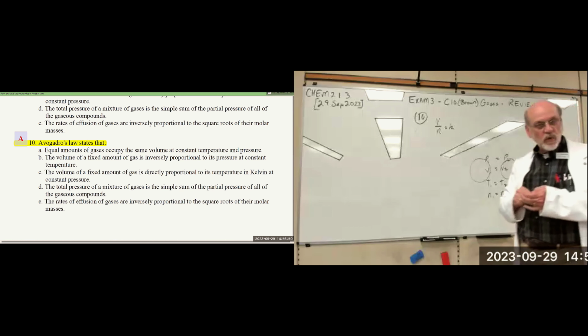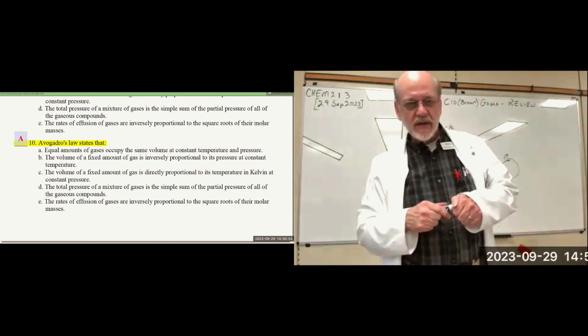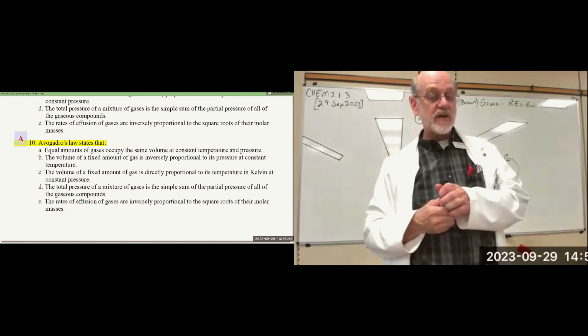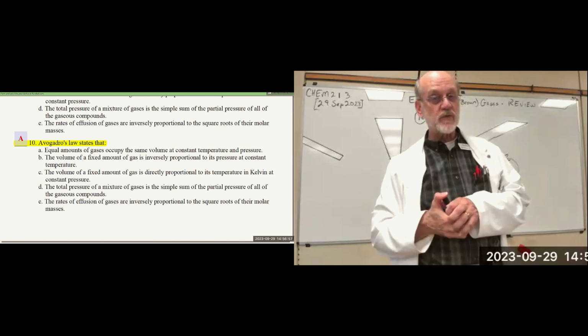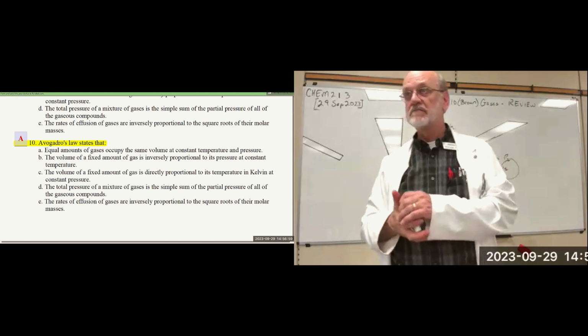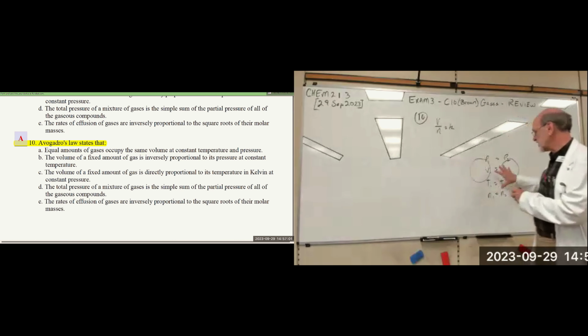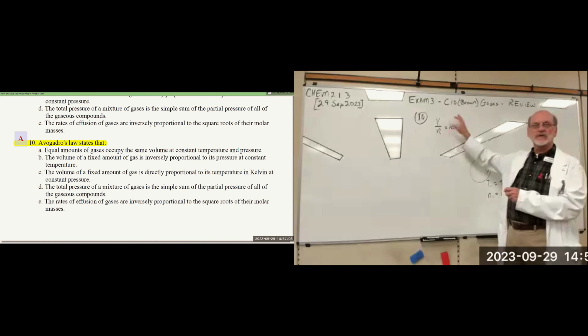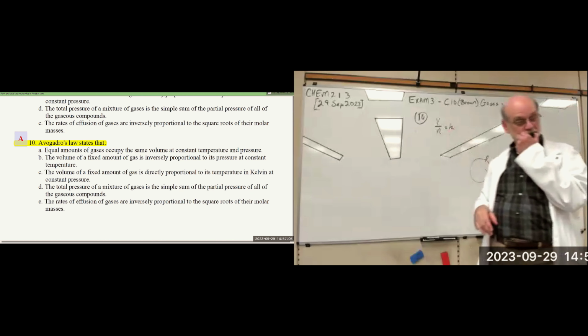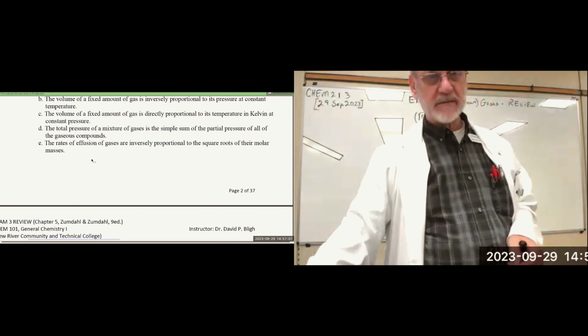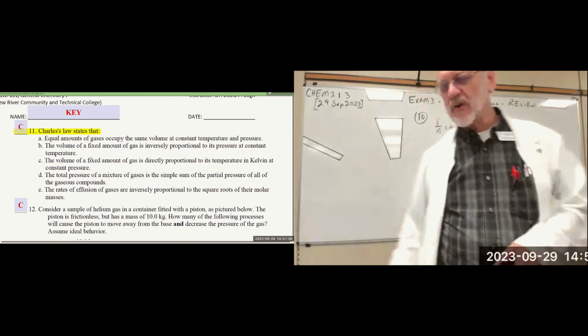Okay, so the one that fits that bill is A, equal amounts of gases occupy the same volume at constant temperature and pressure. That speaks to this one more than it does to this one. Charles' law.